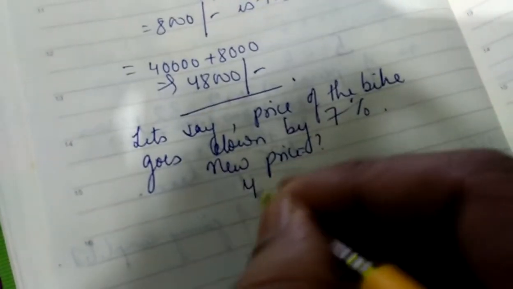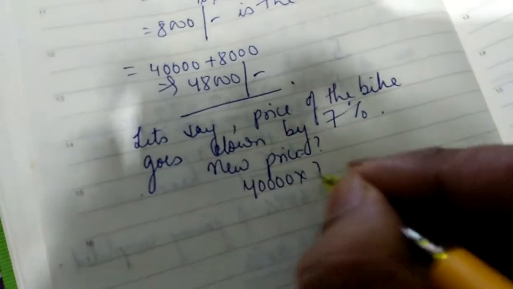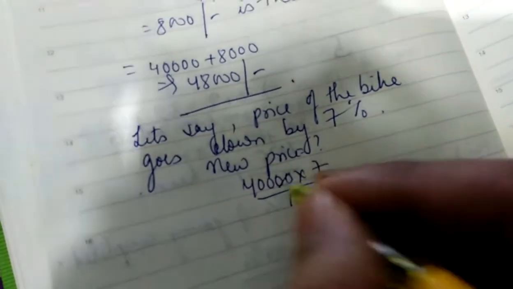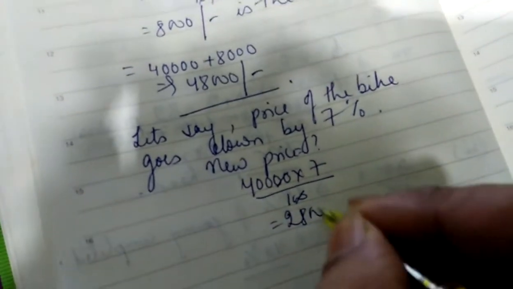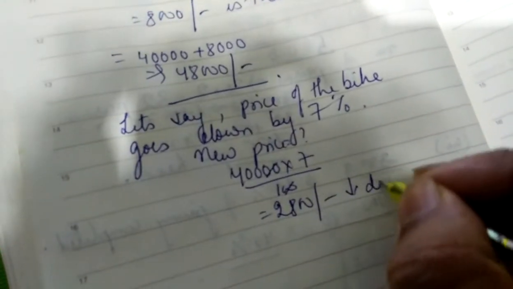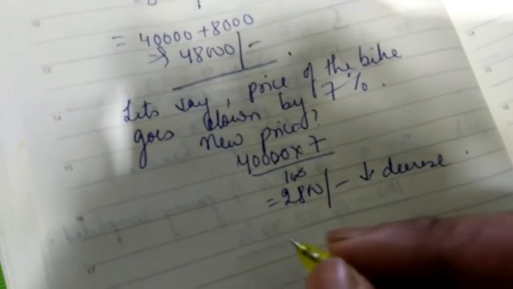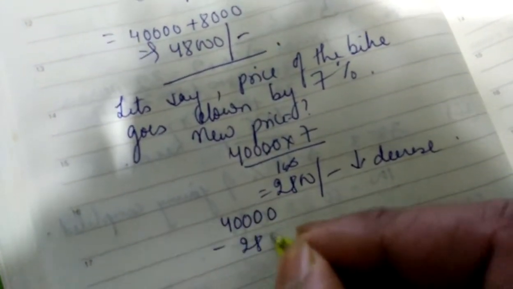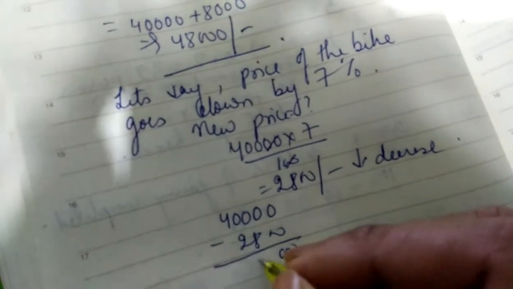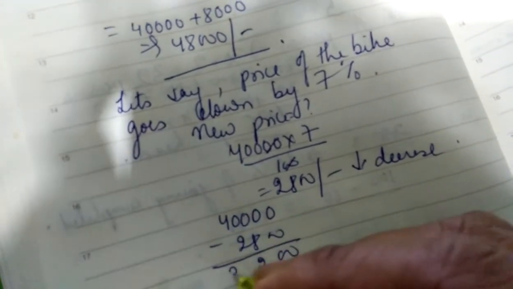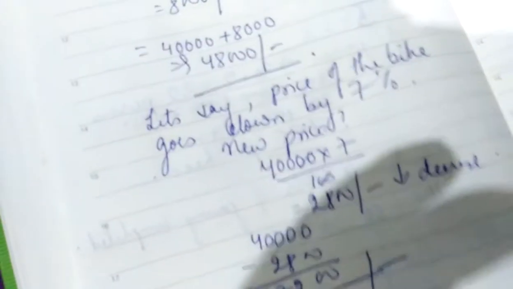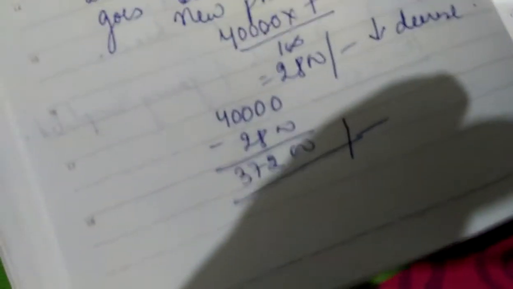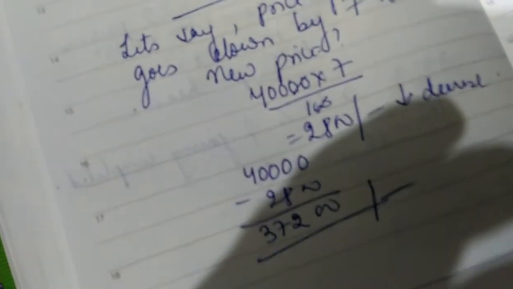So 40,000 into 7 by 100, so that is 2,800 is the decrease in price. Okay, so 40,000 to 37,200. So this is going to be the new price of the bike.